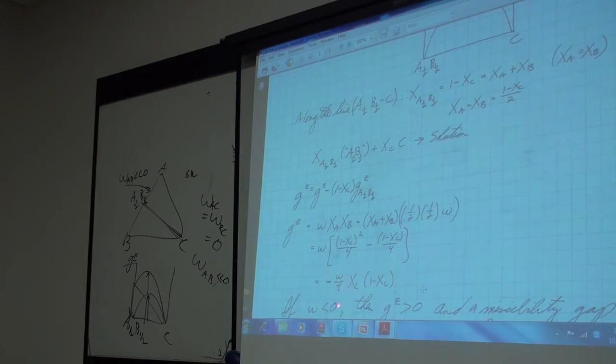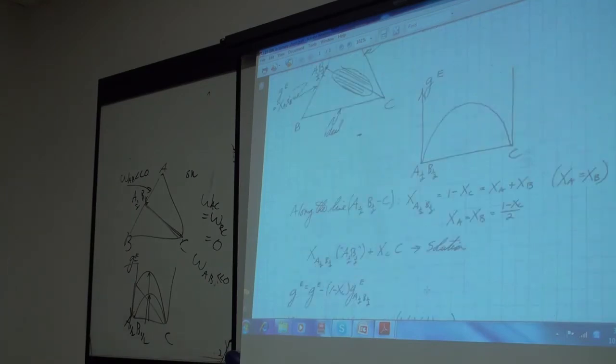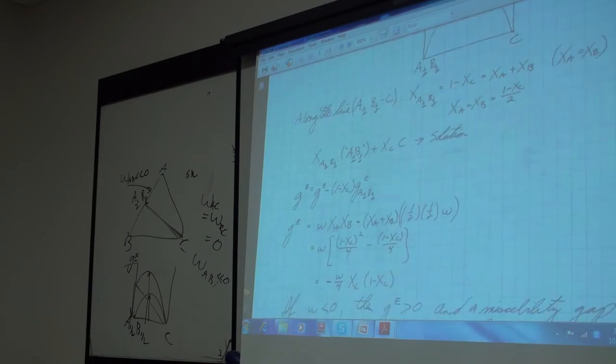It's a regular solution. So if omega is negative, GXS along that line relative to these two starting points is positive. The reason is, as I said, you're adding the C, you're breaking up these nice bonds that want to be together that are negative. So if you like the mathematics, there's the mathematics to prove it. It's actually a regular solution along there, with parameter minus omega over 4.